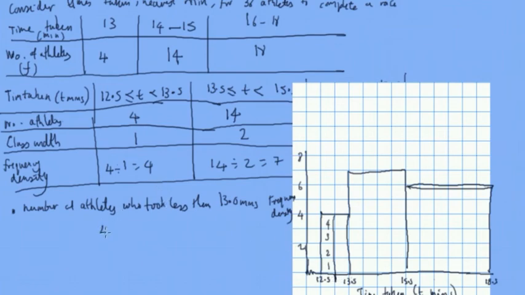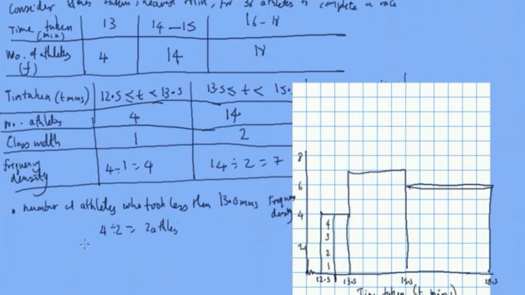So we have 4, which is the height, divided by 2, which equals 2 athletes. If we think about it, each 2 blocks represents 1 athlete. So if you simply count the number of blocks and divide by 2, we can estimate the number of athletes involved.